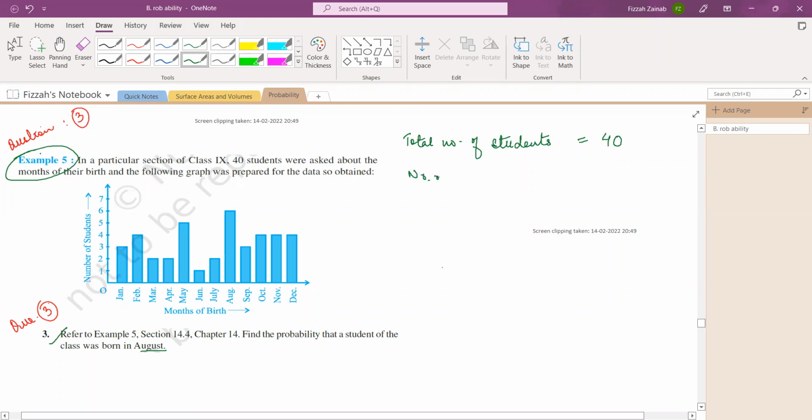So number of students born in August. Yes, how much, Mridula? Now you have to look at this bar graph and tell me. 6 students. 6, yes. So therefore, probability, you can simply write P, or you can also write like this: probability that the student is born in August.